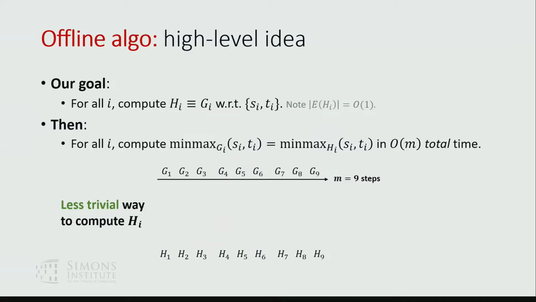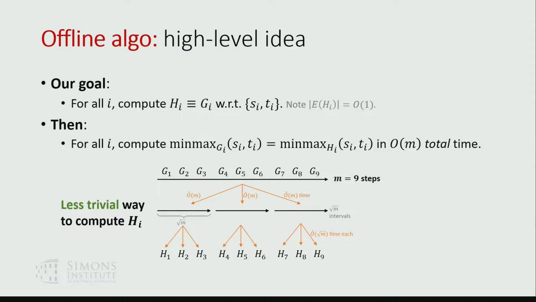The high-level idea of a less trivial way is to do some hierarchical decomposition of the timeline. I will go into details; this is just a schematic. We decompose the timeline into parts, into intervals of length root m. There are root m intervals, and for each of these intervals we will do something in linear time.